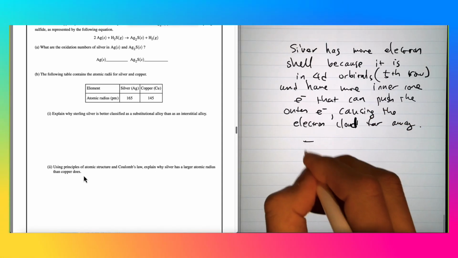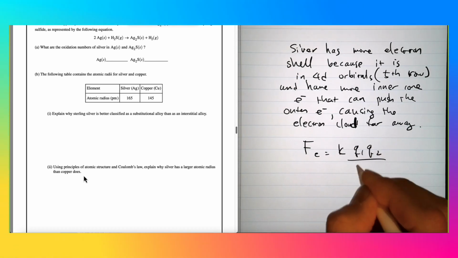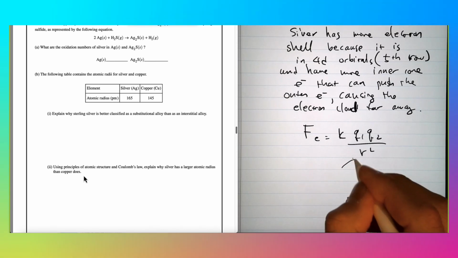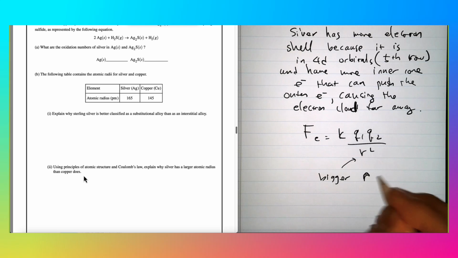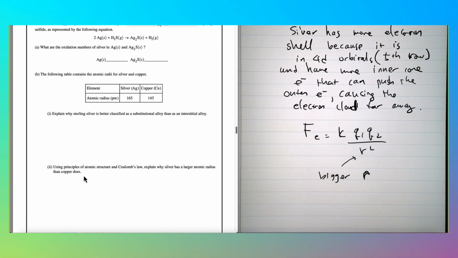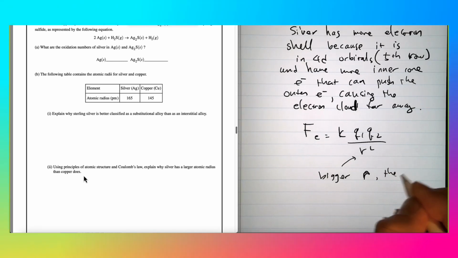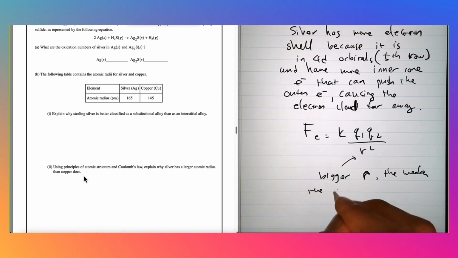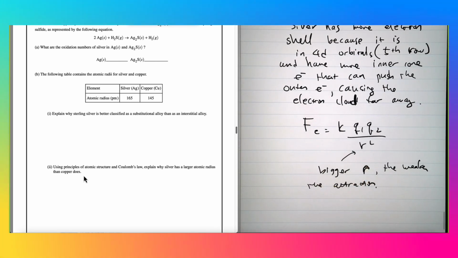Okay, I can also show you the Coulombic force, in the simplest sense: the bigger the R, the distance between the nucleus and the outer electron, the weaker the attraction. And when you have a weaker attraction, it will make the atomic cloud bigger. So I think the converse could be described here.